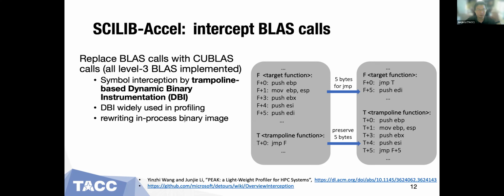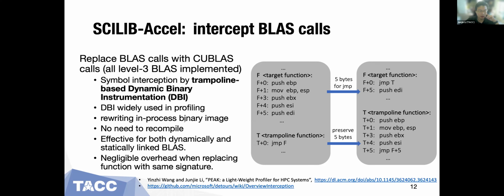The binary is hacked when the process loads that binary into memory. There's no need for the user to recompile or relink their code. Nothing is needed from the user at all, just loading the DBI library. This technique is very effective for both dynamically linked and statically linked BLAS. So no matter how you link BLAS, this tool works.